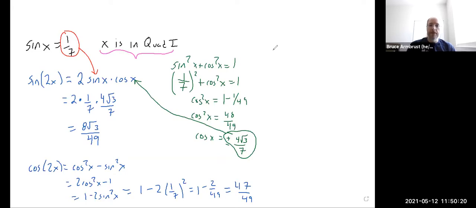we need to get the tangent of 2x. Okay, so tangent of 2x. Now, we do have a double angle identity for tangent, which is 2 tangent of x over 1 minus tangent squared x. And that would require me to find the tangent of x. But I'm not going to do that.